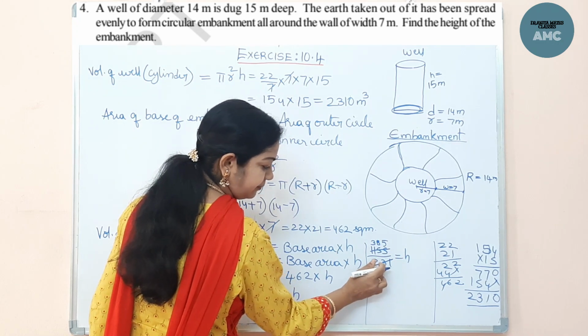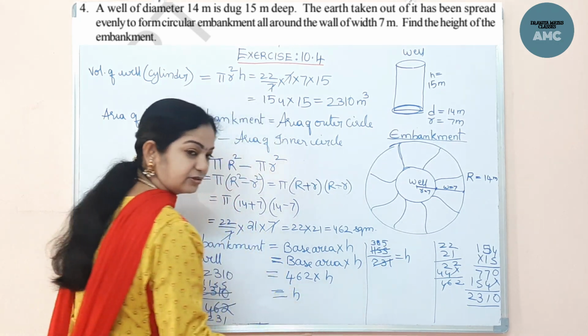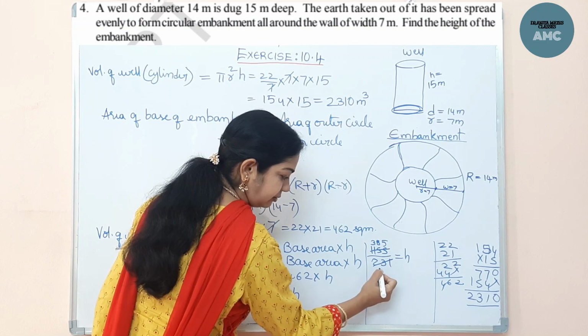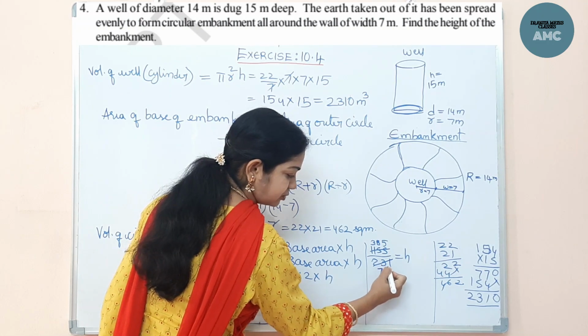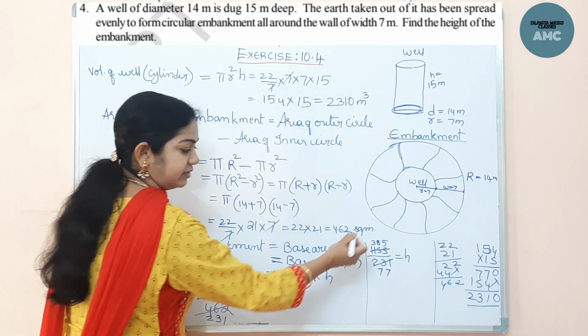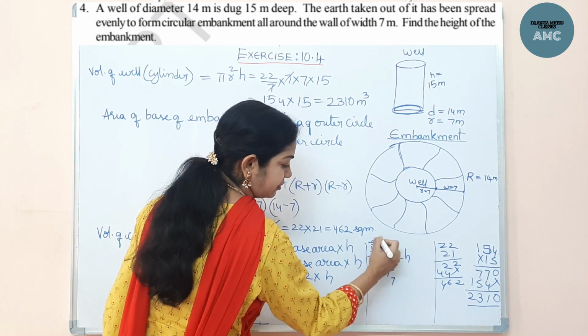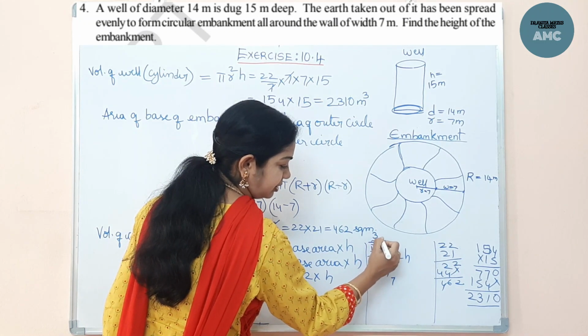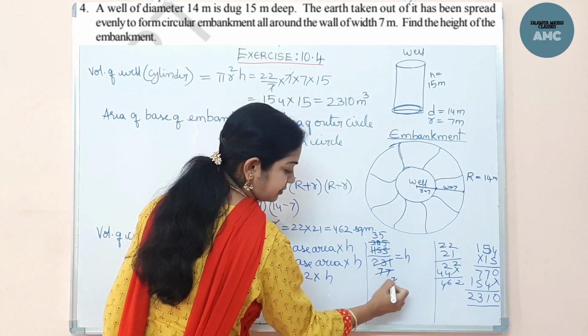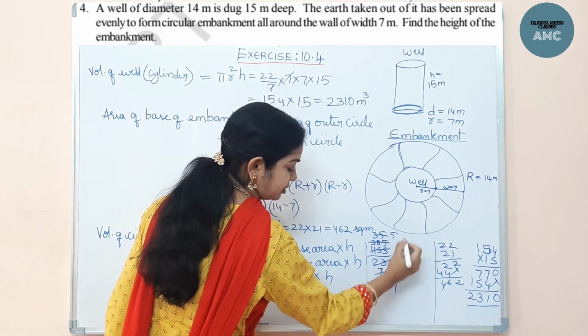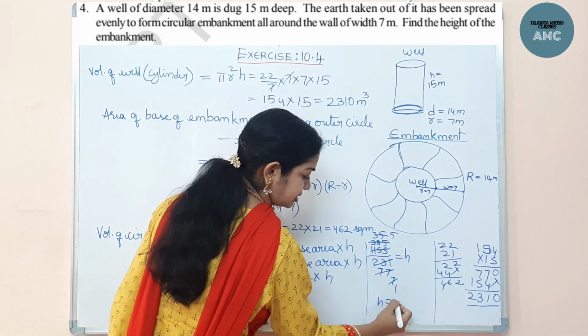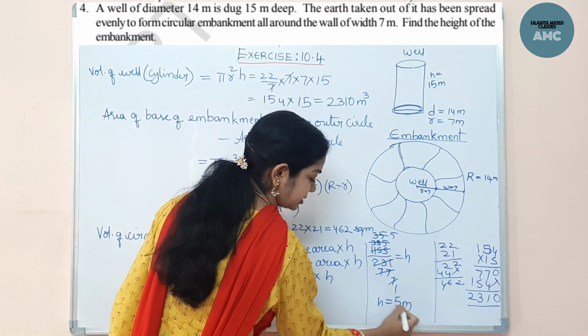Now here if you come, 3 8s are 24, so that doesn't go. 3 7s are 21, so 2 3 7s are. Now we'll check with the 11 7s, 11 3s are 33, here 5 11 5s are, 7 1s 7 5s. So clearly h is 5 meters.